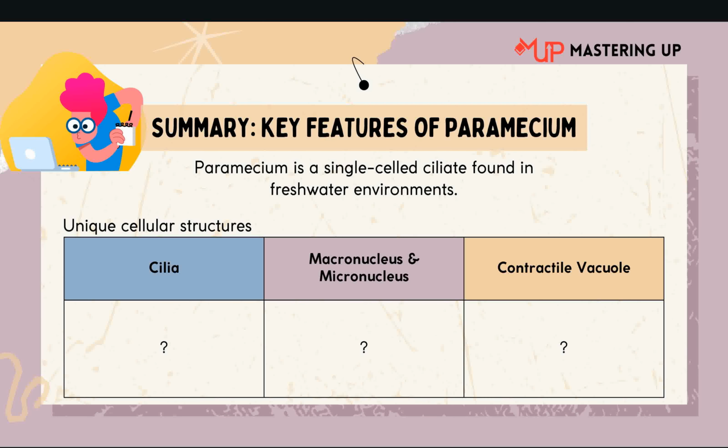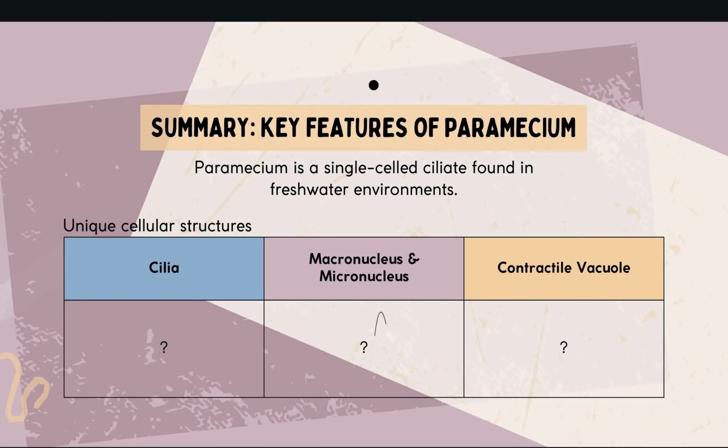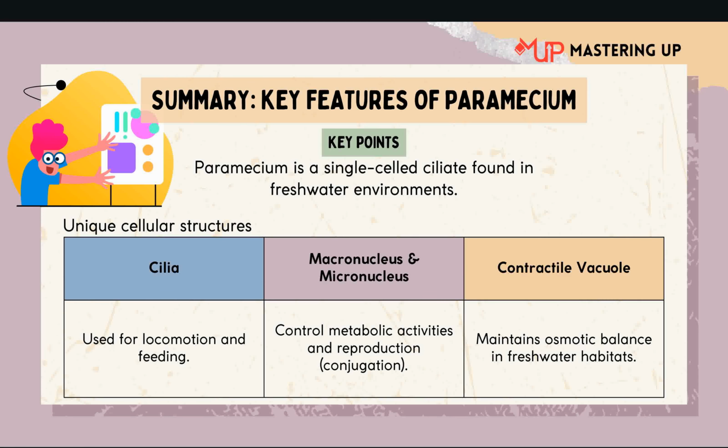Hope you recalled the functions of these unique cellular structures. Cilia are used for locomotion and feeding. Macronucleus controls metabolic activities, and micronucleus controls reproduction through conjugation. Contractile vacuole maintains osmotic balance in freshwater habitats.